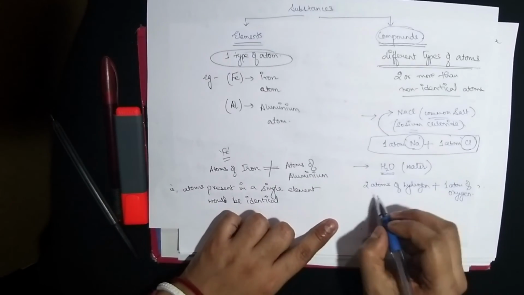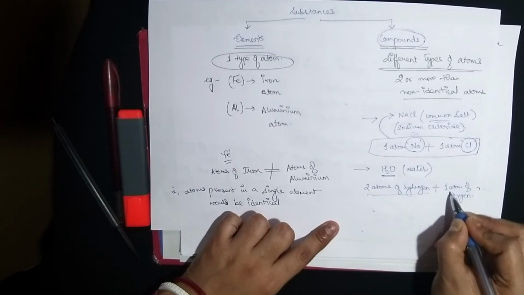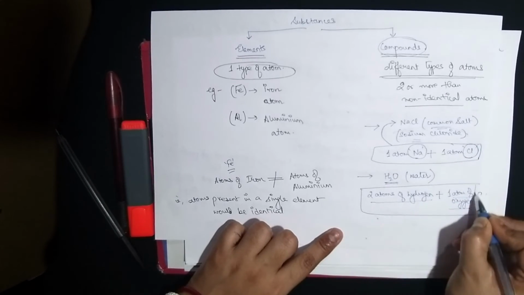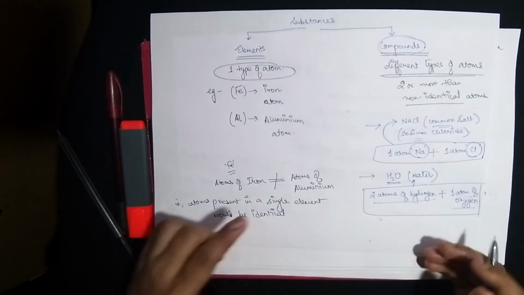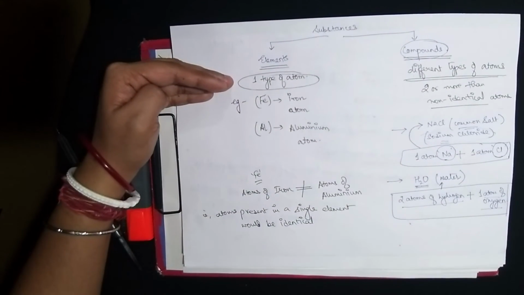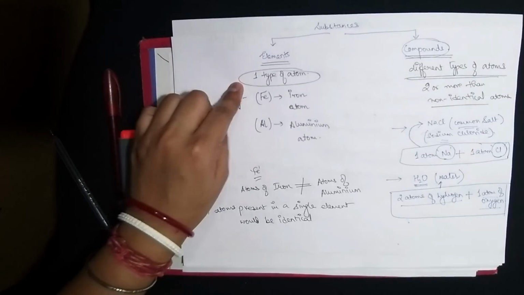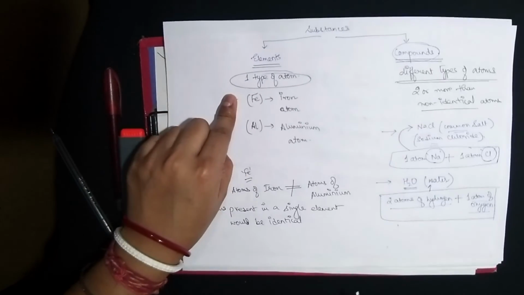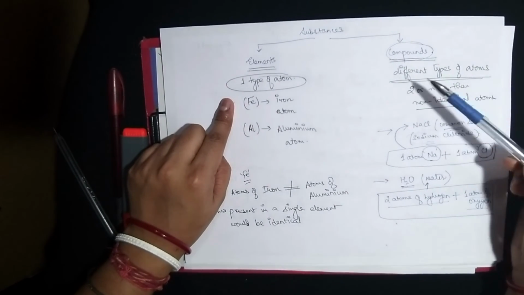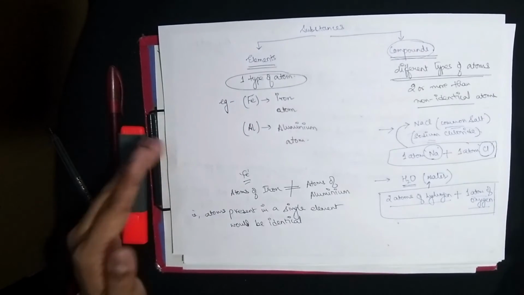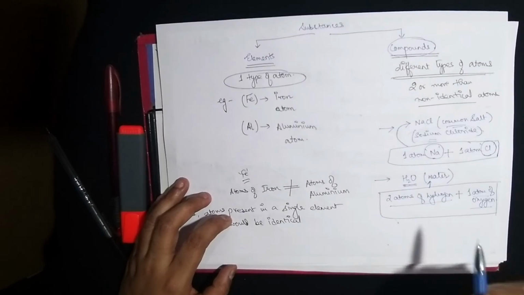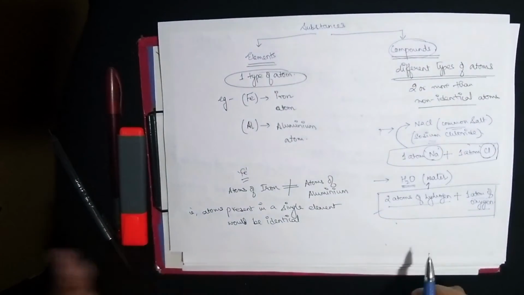See, two identical atoms of hydrogen when combined with a single atom of oxygen become a compound known as water. That means how are compounds different from elements? Elements have only one type of atom and these atoms will be identical to each other. Whereas compounds are made up of different types of atoms and all the atoms will be non-identical, and these are the examples.